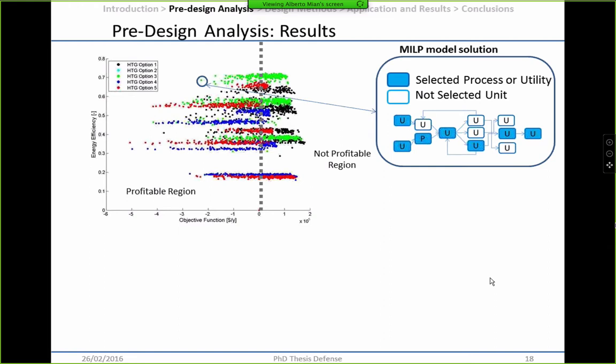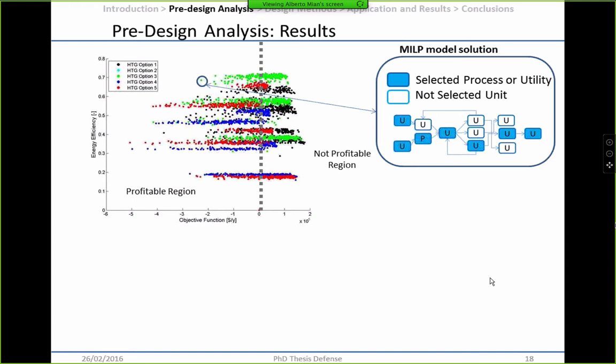You see that there are some jumps, and there are some differences in total yearly cost and in energy efficiency. This is driven by optimization and energy integration.